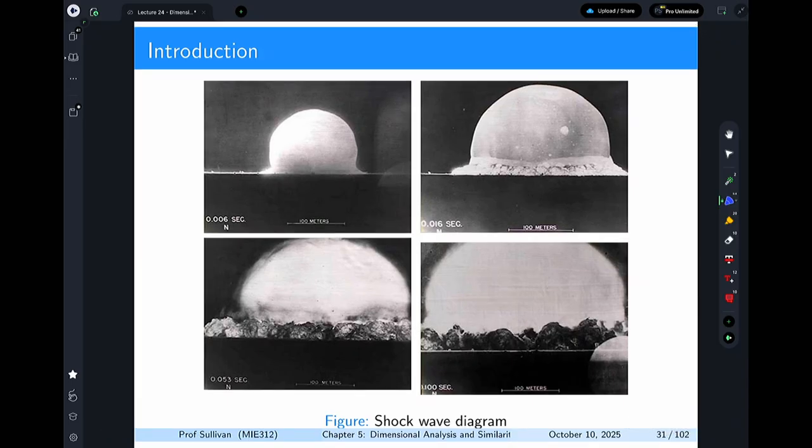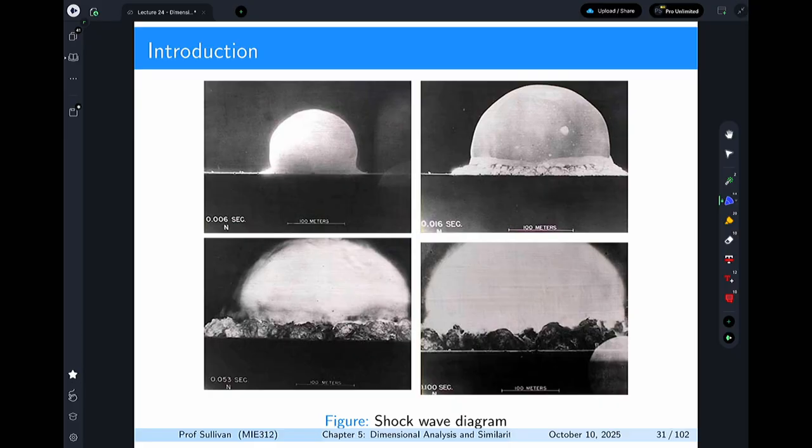And so you have there a relatively primitive high-speed camera. Measurements were done at 0.006 seconds, 0.016 seconds, 0.053 seconds, and 1.1 seconds. You can see this is what I would refer to as a turbulent boundary layer. Right around here, you have very fine scales and very large scales simultaneously.